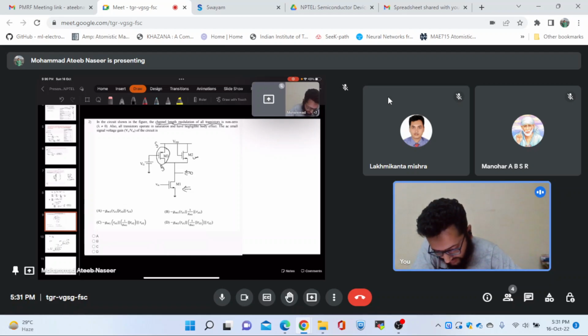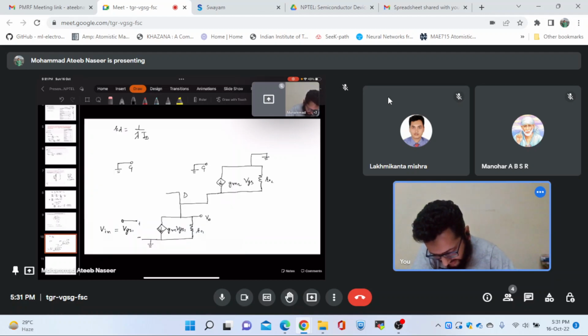So it means that its source is grounded, and we will be having its drain to be equal to gm3 vgs3, and its source is grounded over here, and we will be having another resistance which is r0 3. Simple.